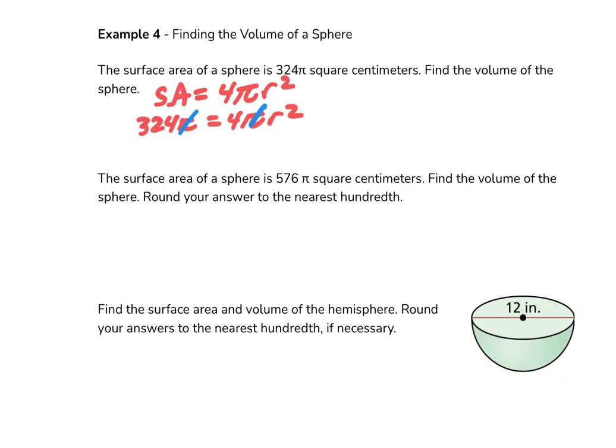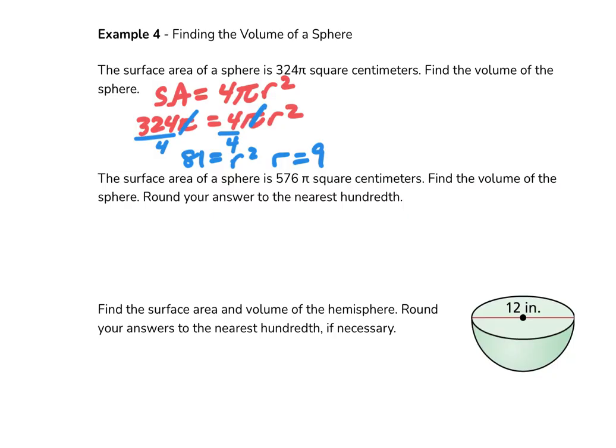I could take 324 divided by 4. Which gives me what? 81, okay. So 81 equals r squared, and then we got to take the square root like we've done, and we get 9. Okay, my radius is 9.